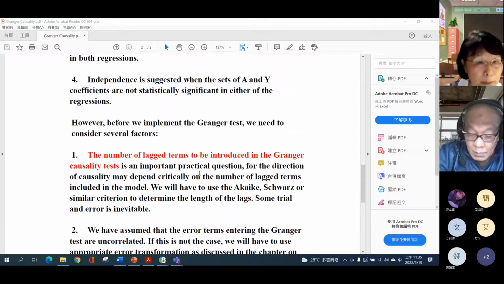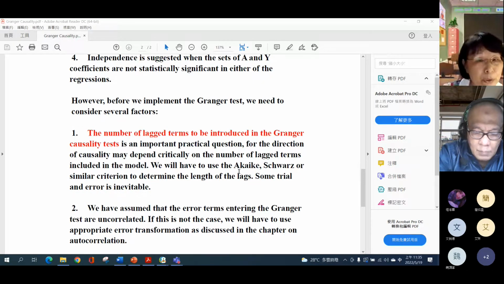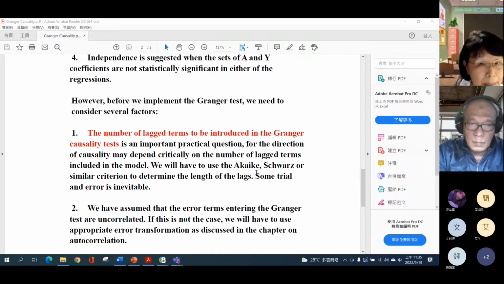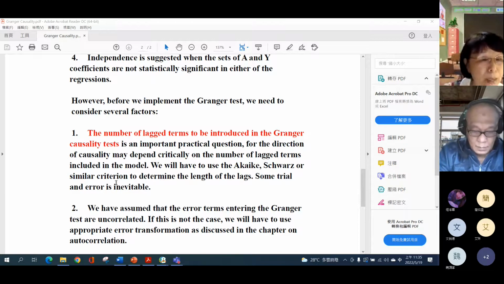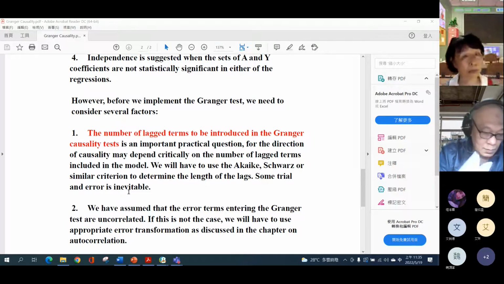Because it is important, the direction of causality may depend critically on the number of lag terms included in the model. And in order to do that, we will have to use the Akaike, Schwarz or a similar criterion to determine the length of the lags, and some trial and error is inevitable.